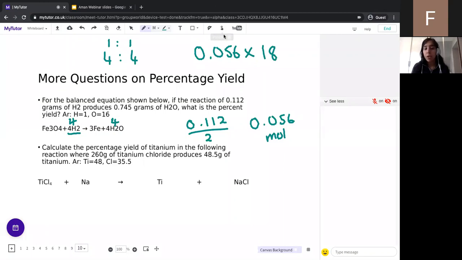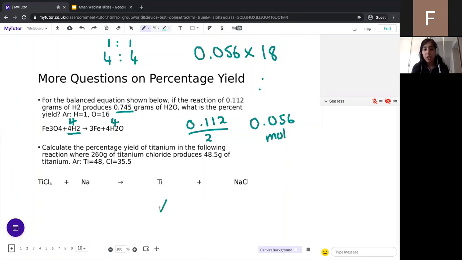So what's 0.056 times 18? 1.008, brilliant. So then if we have a look at our question, we can see that we only produced 0.745.